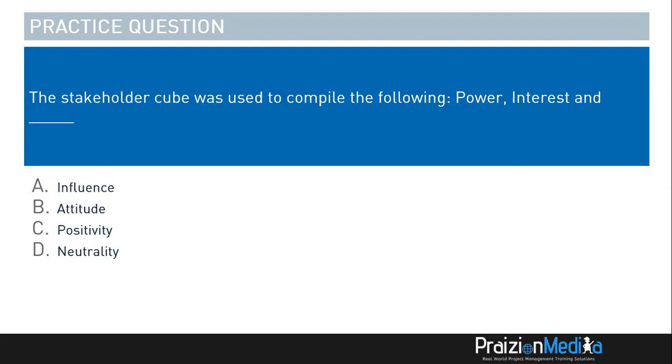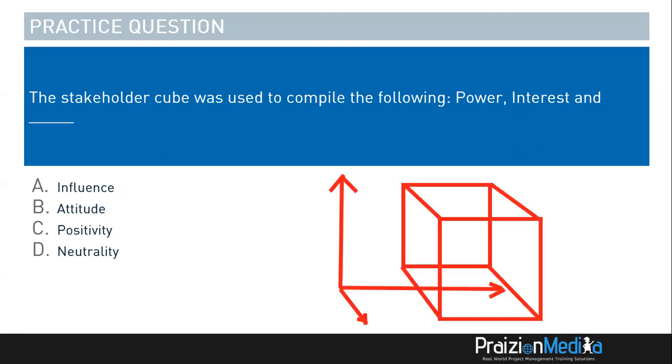So when you think about the stakeholder cube, taking a look at what I have on the screen here, you should be thinking about power, for example, on the Y-axis. It could be any of the axes, but let's say power is on the Y. Let's say interest is here on the X. And on the Z-axis, we have attitude.